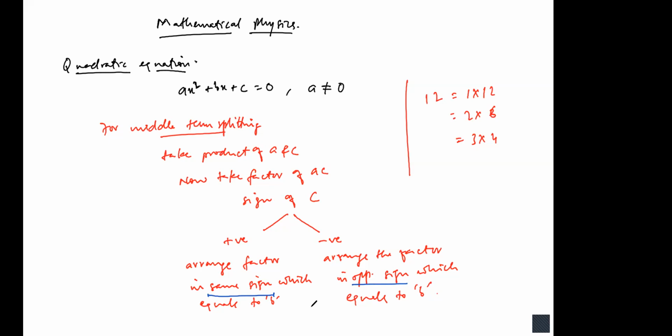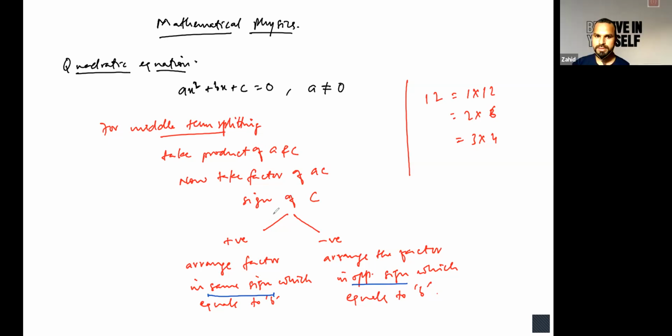Sir, can you say the last part once again? That is the sign of C, meaning the last part which is the constant term. If the constant term is in positive sign, you have to arrange the factors of AC in the same sign. Same sign means positive positive, or negative negative.